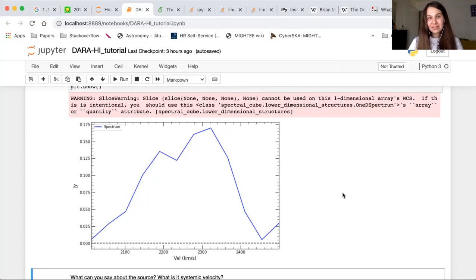It is because, as I said, we calculated the sum of every pixel in the data cube, including emission and including noise. And as I said in the beginning, in an ideal world that would be okay because the noise would cancel out and then you would have only the values of emission. However, it's not always the case, and there are sometimes more negative, sometimes more positive noise peaks, which affect the overall value of the spectrum.